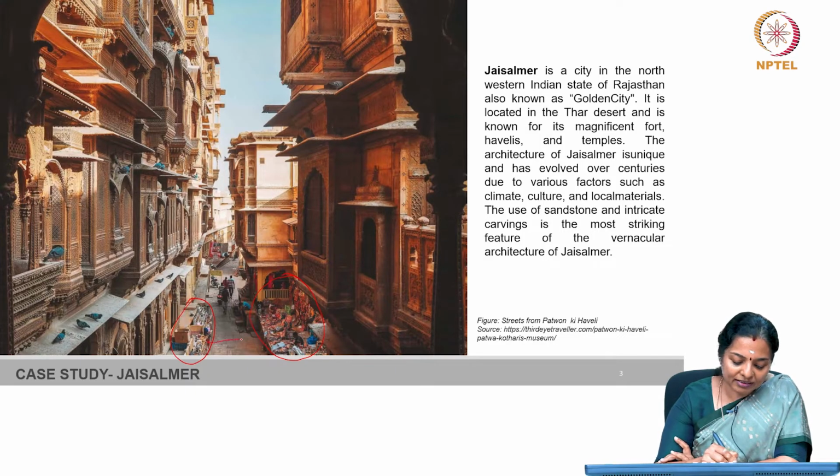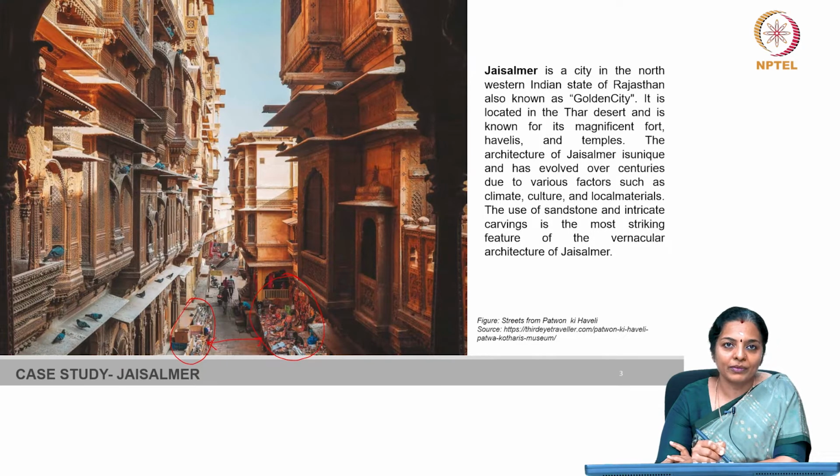You can see how the street width is so narrow. You can look at the aspect ratio. Aspect ratio is nothing but the proportion of the building with respect to the street width. So, this is very narrow.